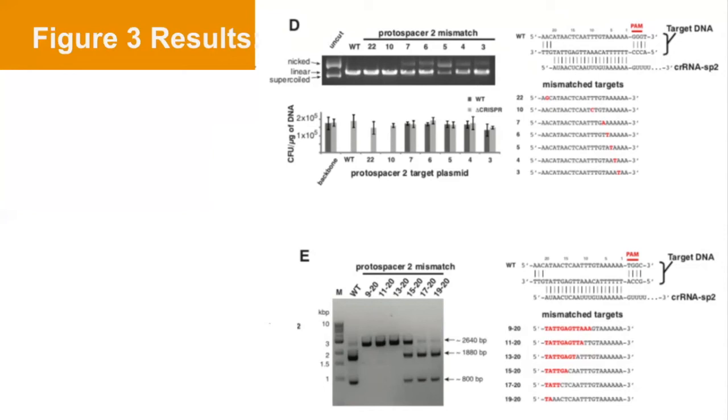For the results they found, in contrast to point mutations introduced at the 5' end of the protospacer, mutations in the region close to the PAM and the Cas9 cleavage sites were not tolerated in vivo and resulted in decreased plasmid cleavage efficiency in vitro, which you can see in figure 3D.